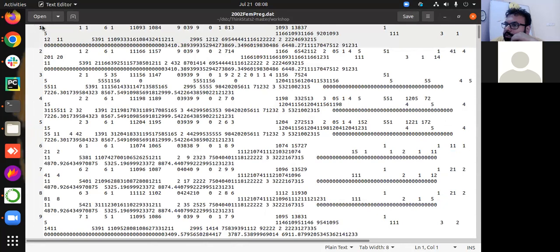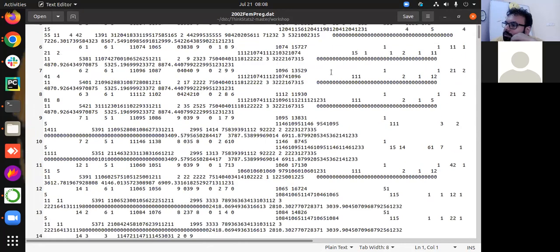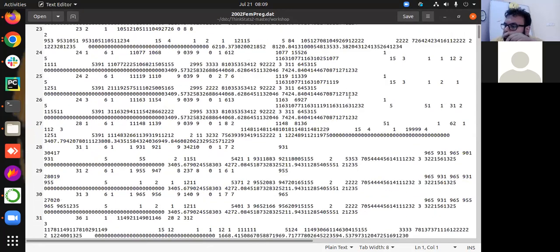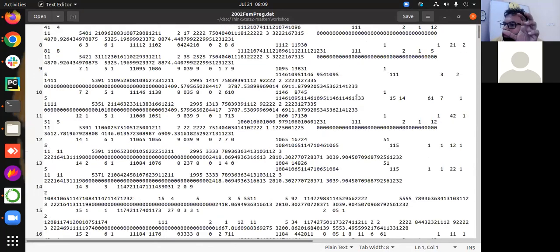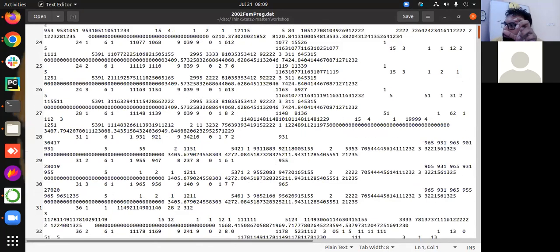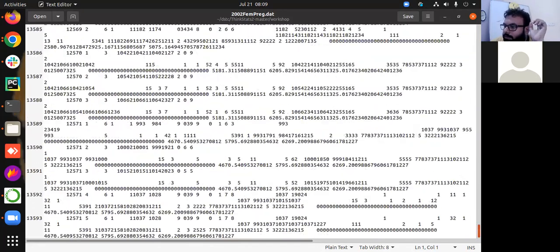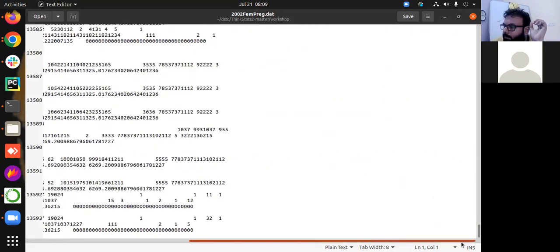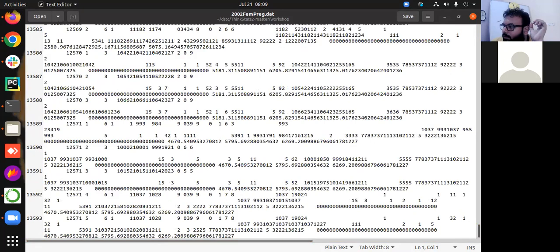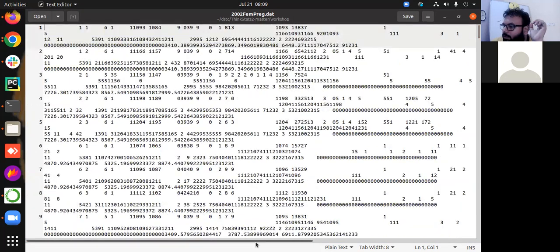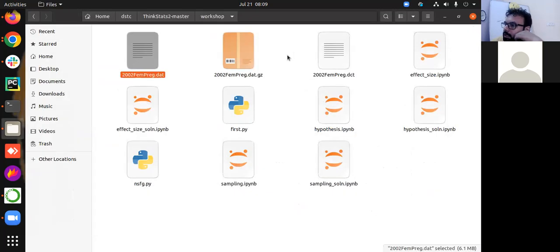One, and then you see the spacing. It is not comma separated values. It is separated by proper spacing between the values that have been written here. This is the data set on which we are going to work. And this is a dictionary.